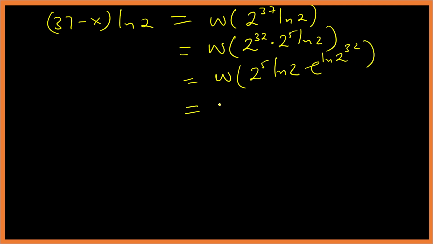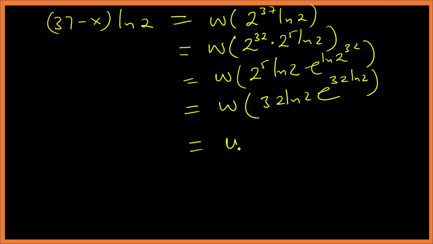So let's go again. W function of 2 to the power 5 is 32, ln of 2. Then e raised to, we have this one as power, so power rule, 32 ln of 2. So W function of this. When we take the Lambert W function of this one, look, the same.